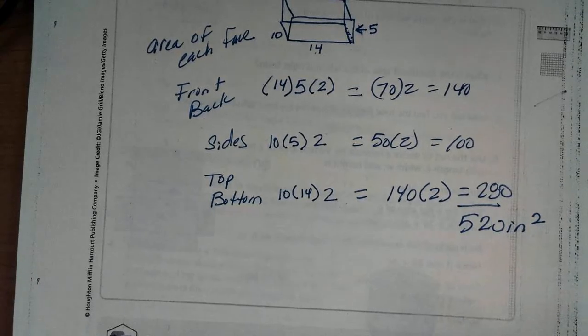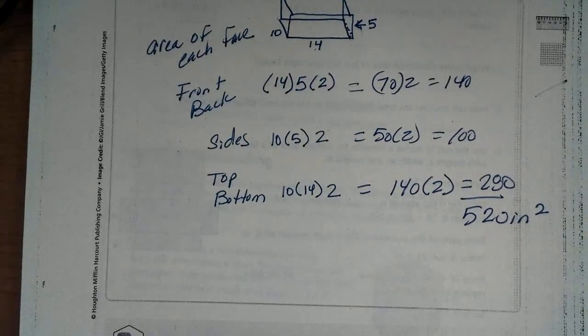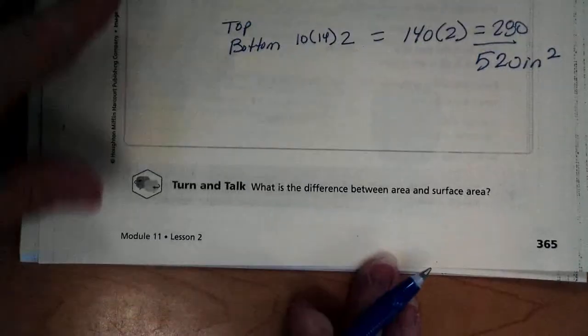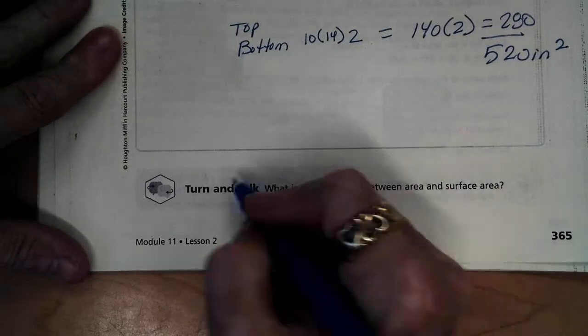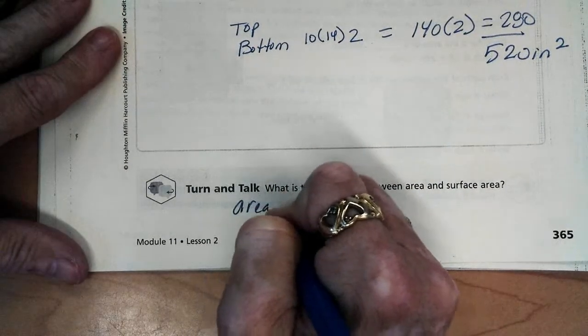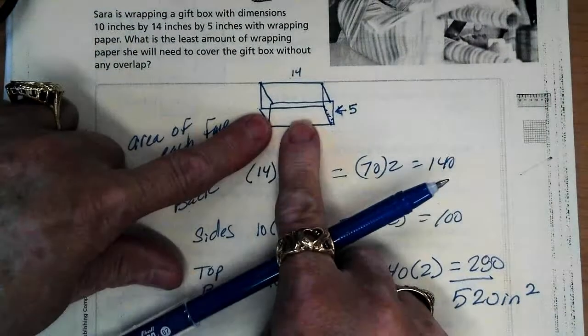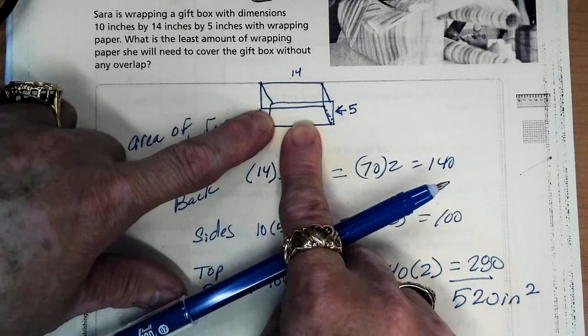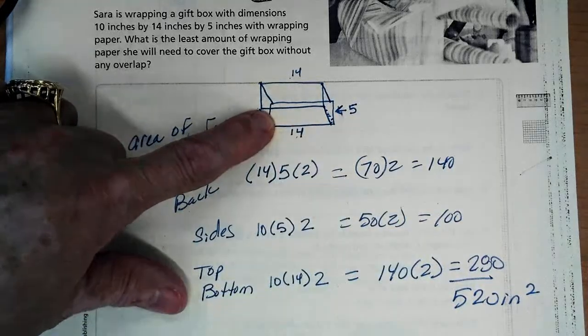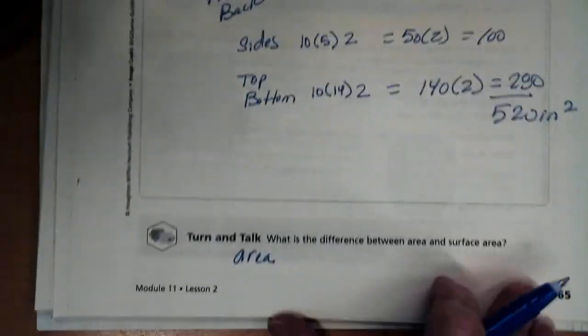Okay? All right, so I kind of told you what the difference between surface area and area is. So area is just the face. So it's a 2D figure, whereas surface area is a 3D figure.